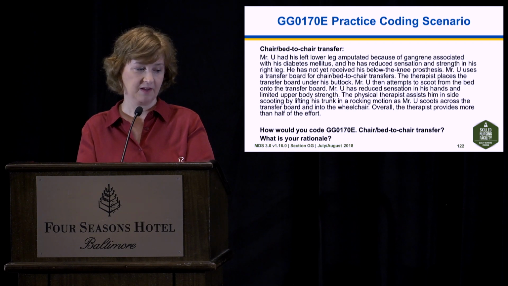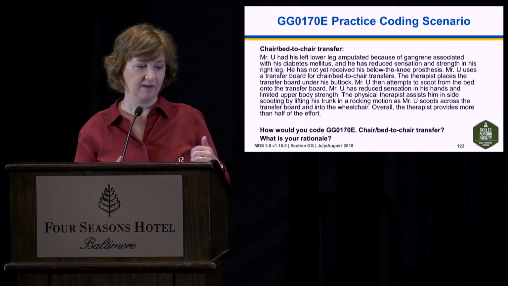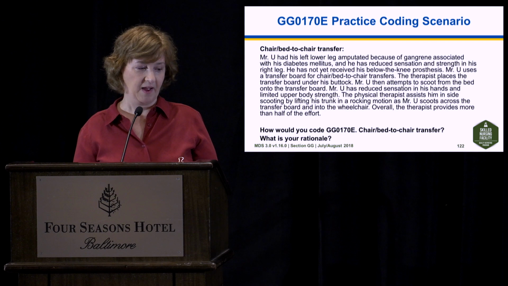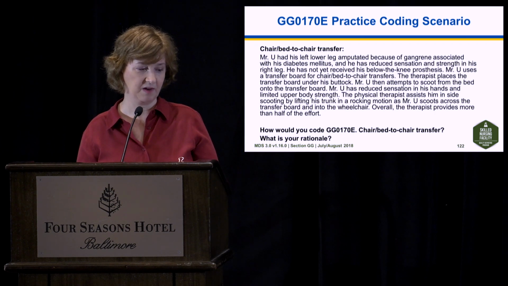The therapist placed the transfer board under his buttock, and Mr. U then attempts to scoot from the bed onto the transfer board. Mr. U has reduced sensation in his hands and limited upper body strength, so he has diabetes, so that explains that circumstance.